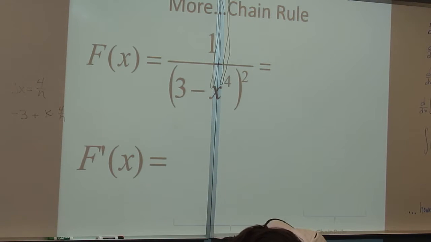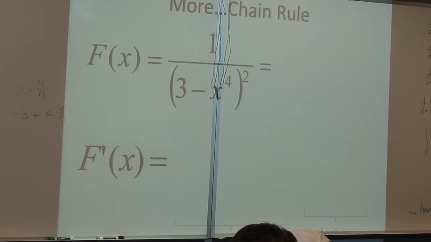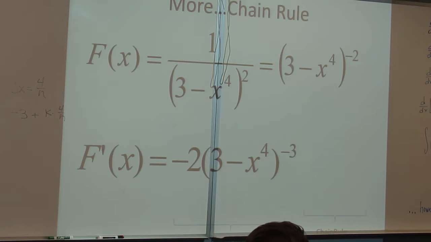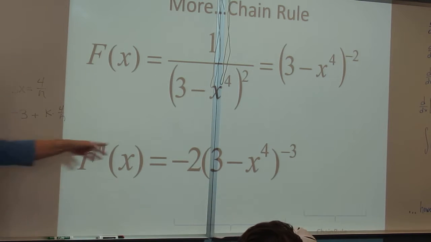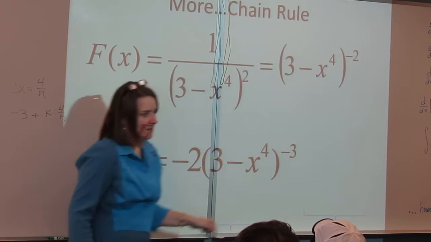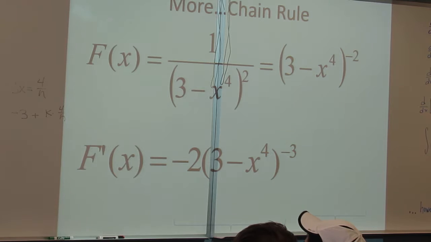Oh wait, just a rewrite. How do we rewrite that quotient? To the negative 2. And then it's just a power rule. Bring down the -2 and subtract 1 from the exponent. There's something missing.